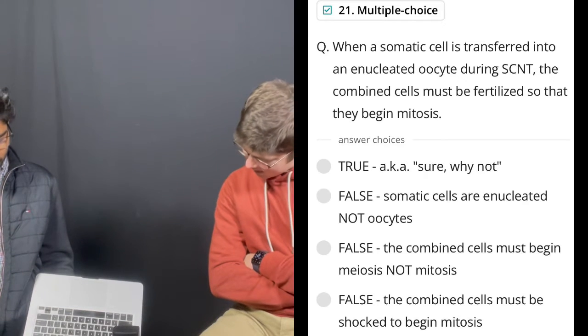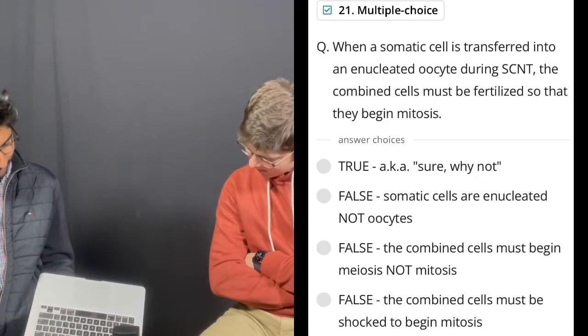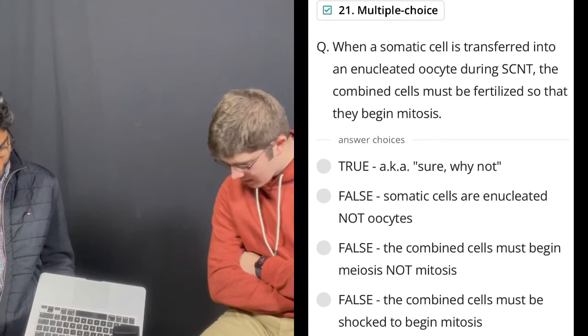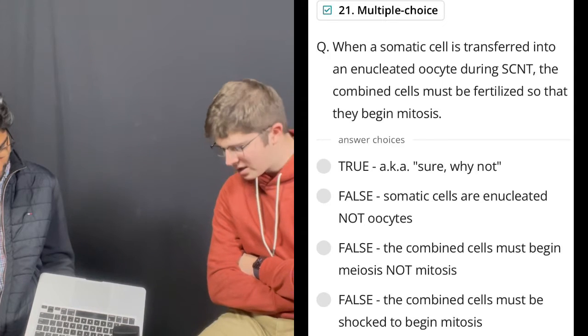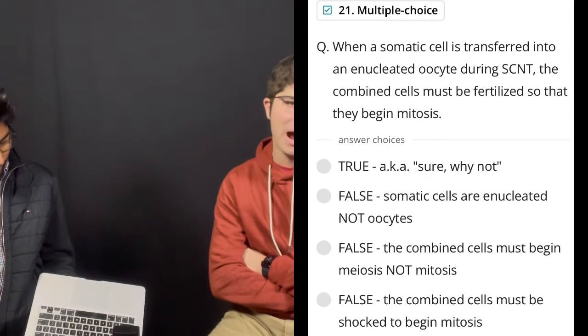False, the combined cells must be shocked to begin mitosis. What? I'm going to go with D because that's the only answer that makes sense in my mind. Because C, false, the combined cells must begin meiosis and not mitosis. Meiosis is creation of gametes, so an oocyte would never go backwards.